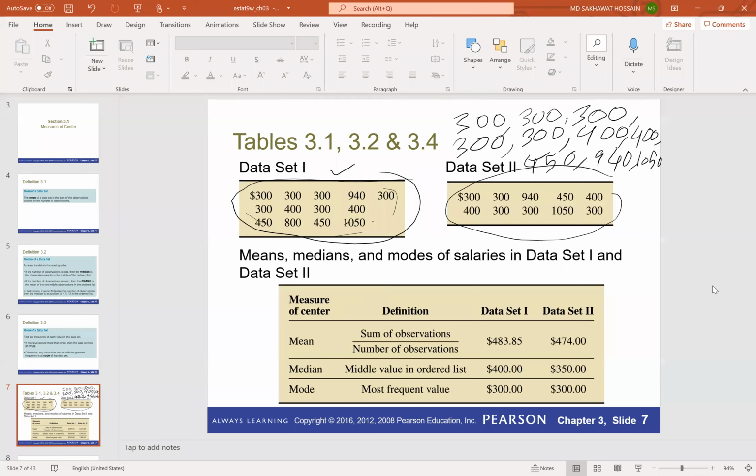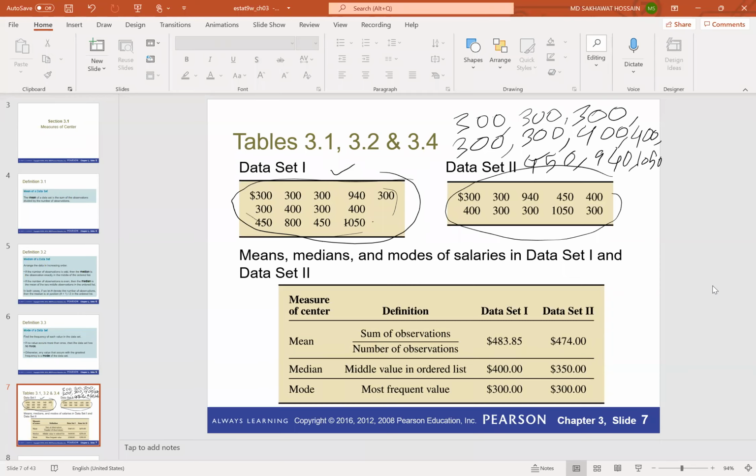To find the median, you need to find the middle value. In the last class, we discussed that if the number of observations is odd, then we have just one single number in the middle of the data set, and that is the median. But if the number of observations is even, then we have 2 observations in the middle, and you take the average of those 2 numbers.